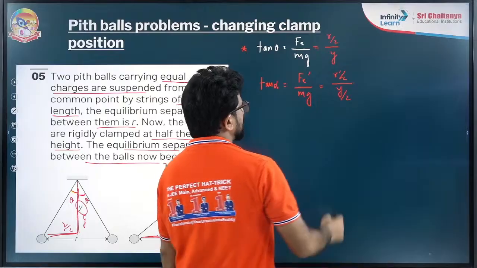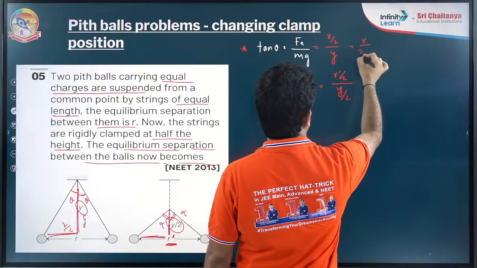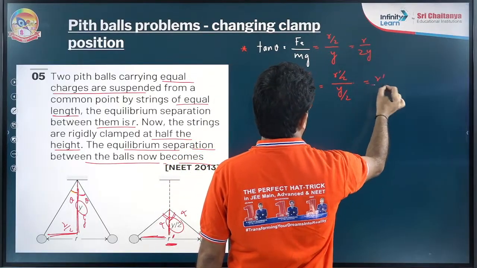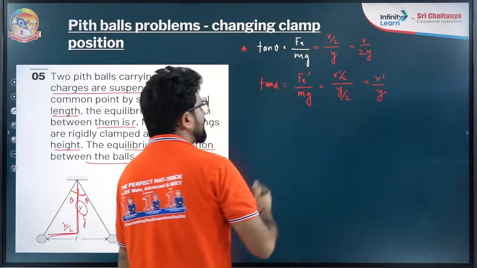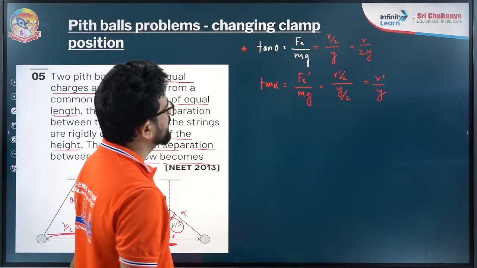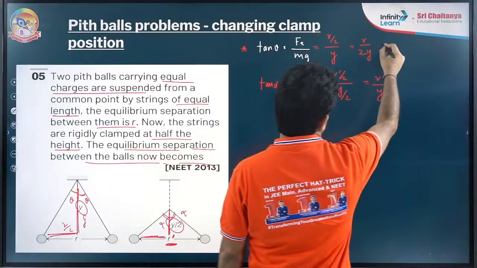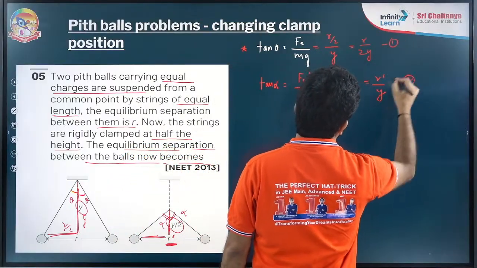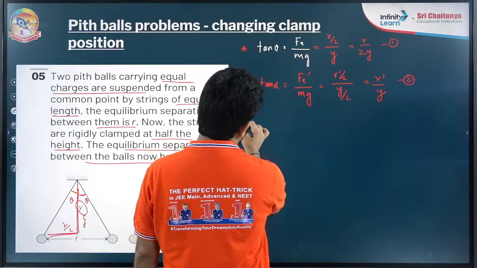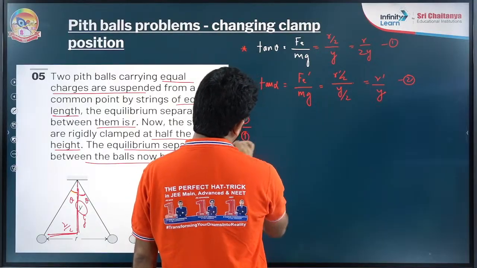So from here this is r by 2y, and this becomes r prime by y. That's the very basic thing we can write. Now take the ratio. This is equation 1, this is equation 2. Taking the ratio, equation 2 divided by equation 1, what will you get?